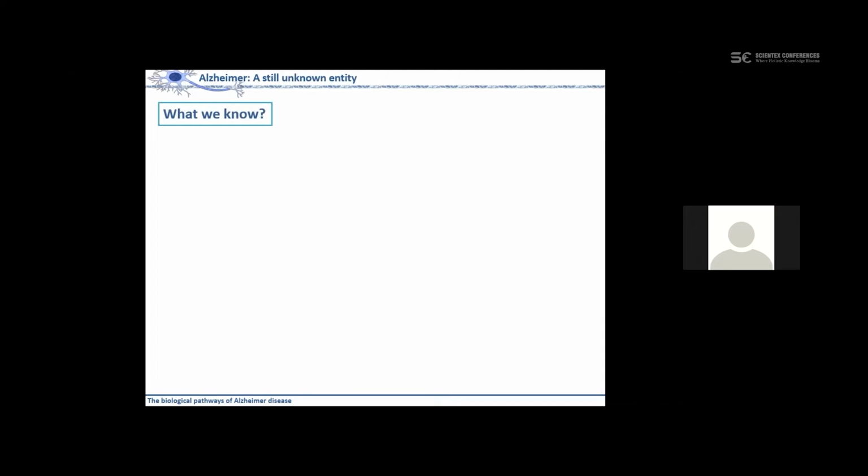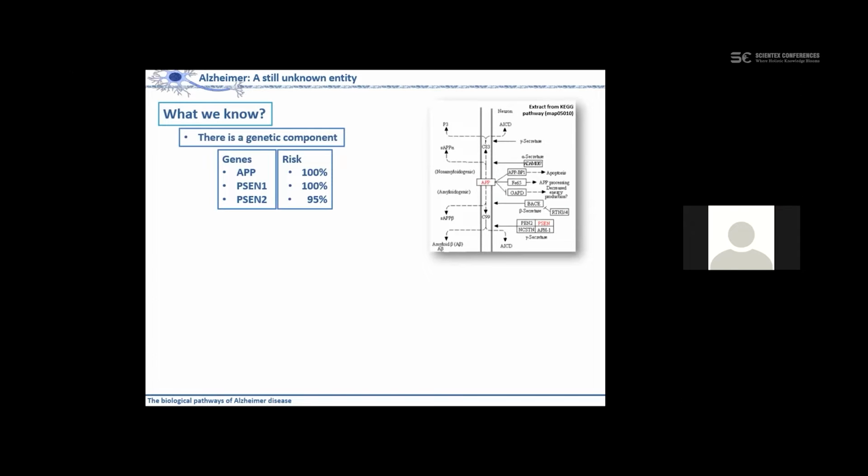But what do we know about Alzheimer's disease? Despite the years of research, our knowledge of AD pathophysiological mechanisms is not well understood. We know that there is a genetic component that runs in families and drastically increases the risk of developing AD. Part of this genetic background was identified in 3 genes, APP, PSEN1, and PSEN2, that are involved, as you know, in the cleavage and the production of amyloid.